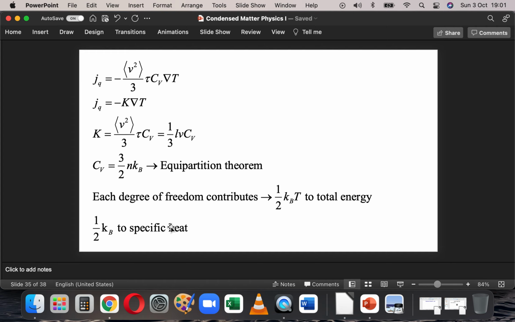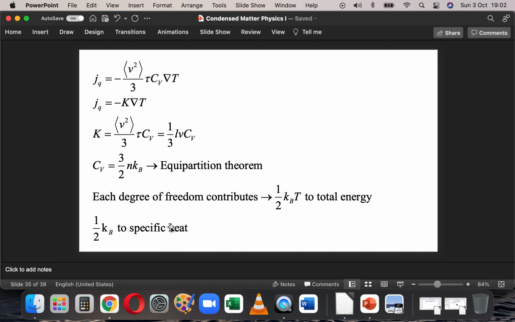So the equipartition theorem says, suppose I have a free particle that can move in 3 dimensions. Every dimension will contribute half mv squared to the kinetic energy. So for every degree of freedom, the equipartition theorem says the contribution to the average energy is half kT.